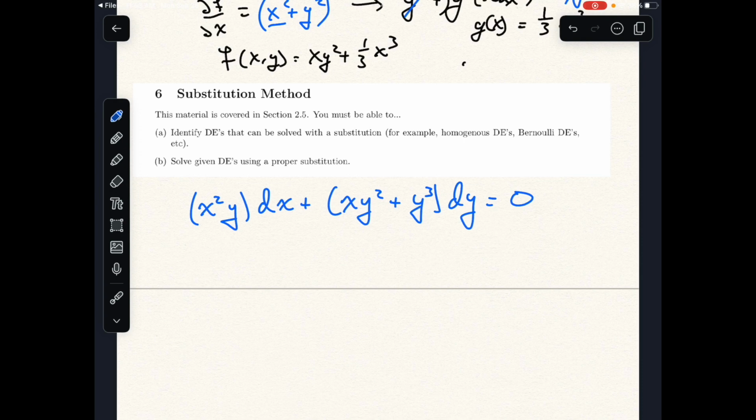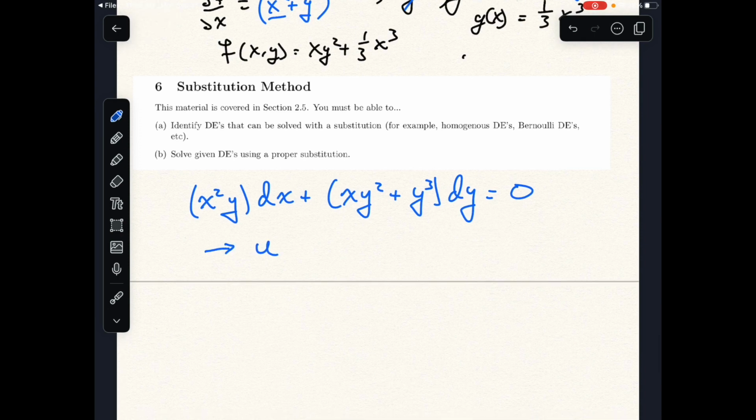So this example right here is a homogeneous differential equation because everything is going to be a degree 3 term, right? Y cubed is degree 3. Xy squared is also degree 3 because you add the degree of the x's and the y's. It's x to the 1 times y to the 2, so you get degree 1 plus 2. This is also degree 3 over here. So this is homogeneous.